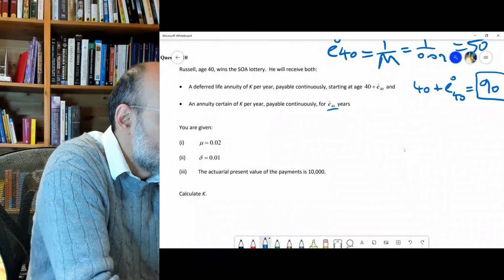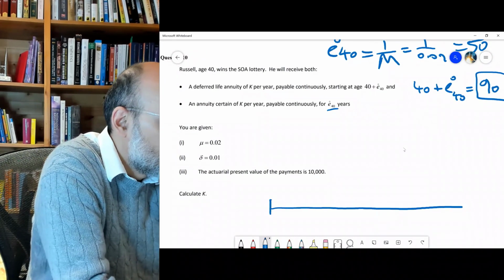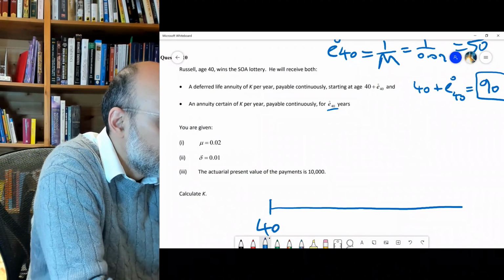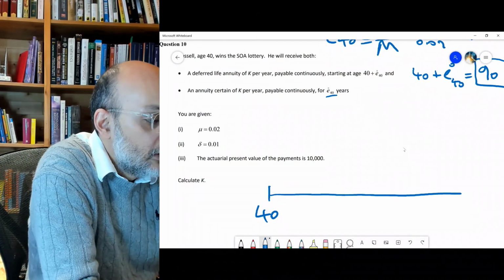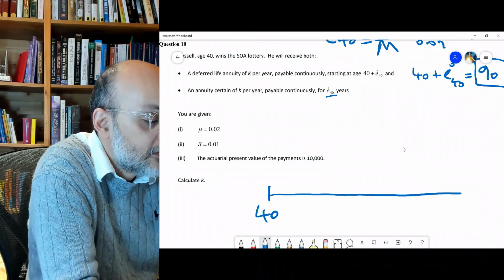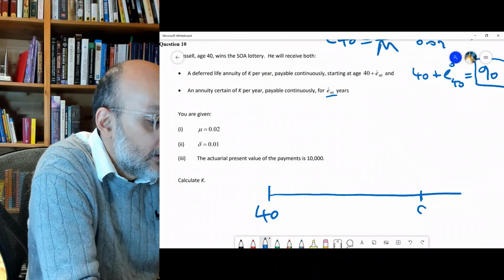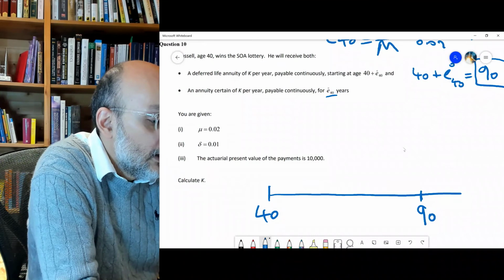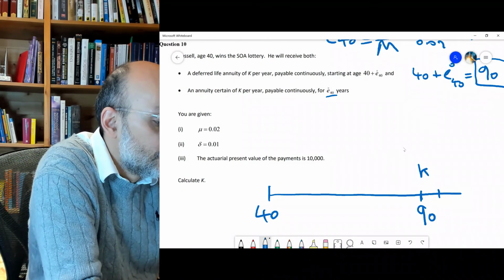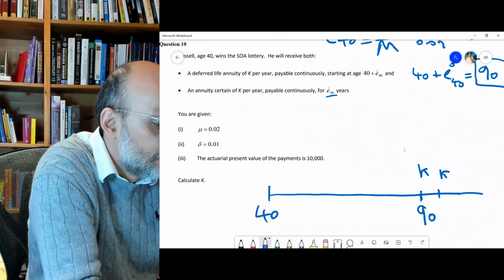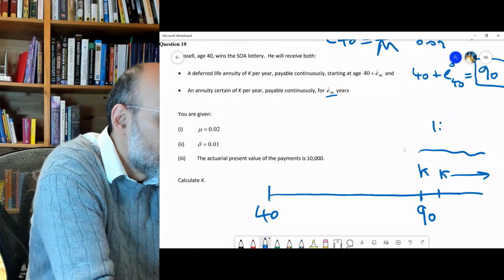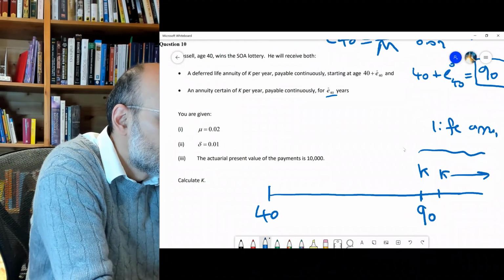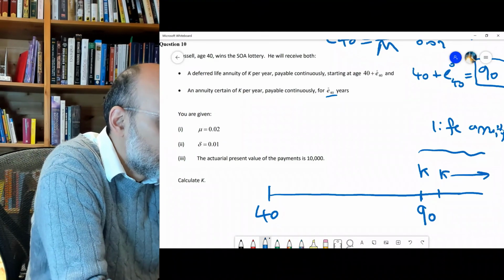So let's visualize the story here. Somebody aged 40 will have a deferred annuity payable continuously starting at age 40 plus the expected value, which is 90. So at age 90 we'll get a K paid continuously, right? So this is a deferred life annuity.